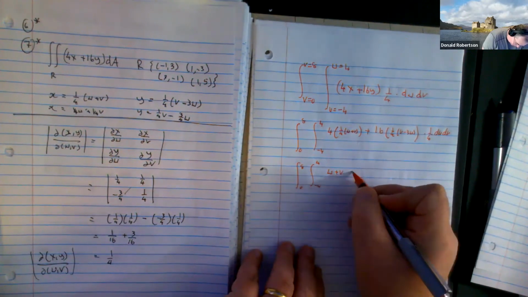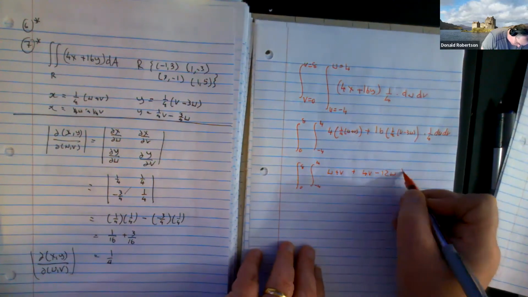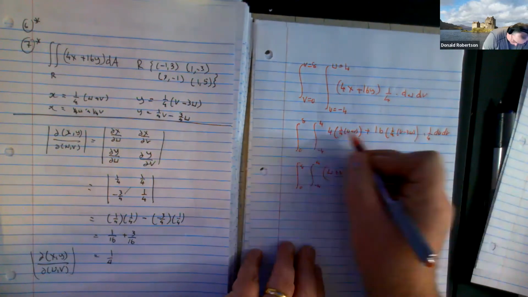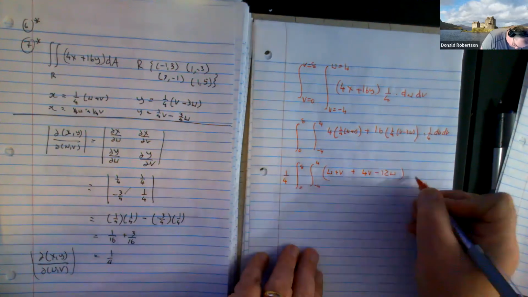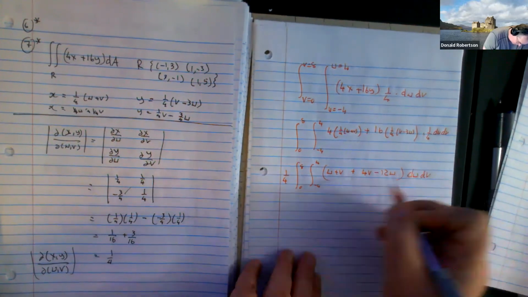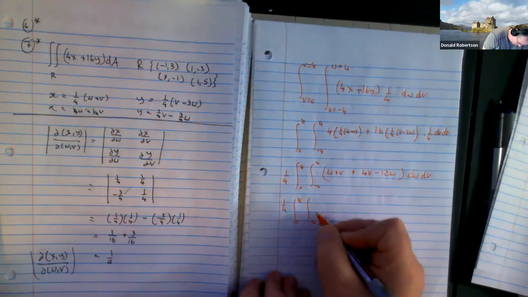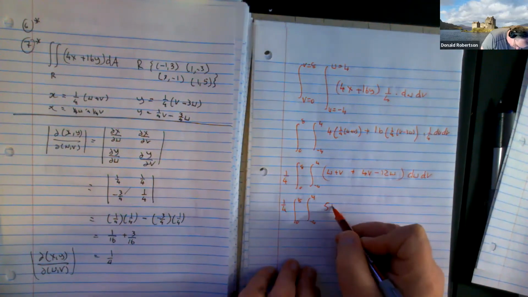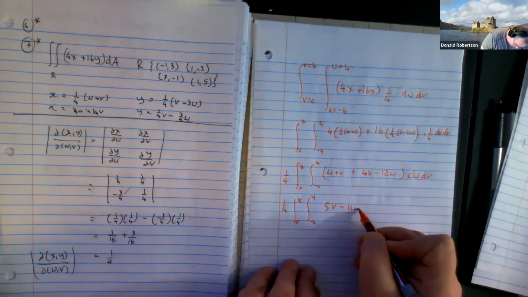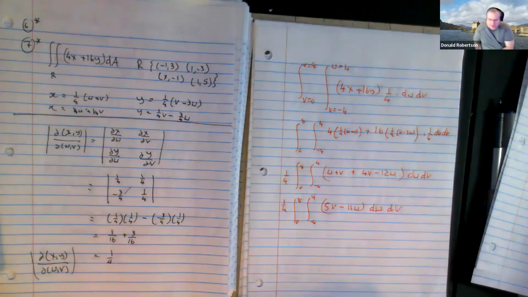I get a u plus v and a 4v minus a 12u. Oh, I could have done it that way, I guess. I'm going to have a quarter, I'll stick it out there. There's more than one piece of algebra that does this. I'm not going to get too much out of this, but 5v, take away 11u, du dv. There, we set up the integral.